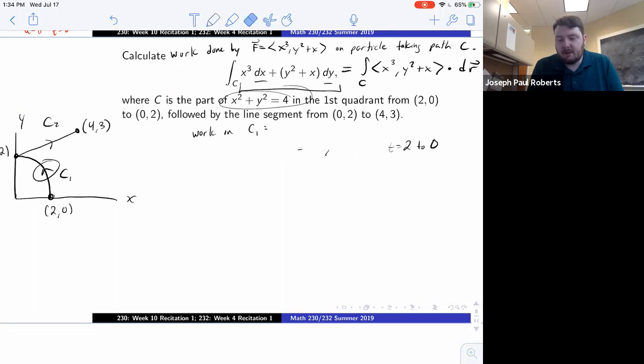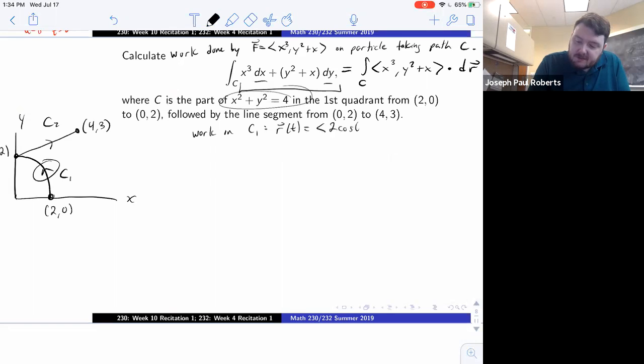So I think it's better to remember that cosines and sines are the best way to trace out a circle. So instead, I'm going to use 2 cosine t comma 2 sine t as the r of t for this first curve C1.